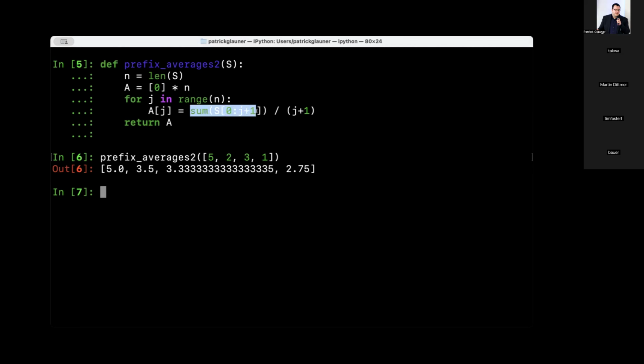So just as before, the sum just helped us to eliminate the loop, but it has not improved the complexity, because this is not a constant operation.